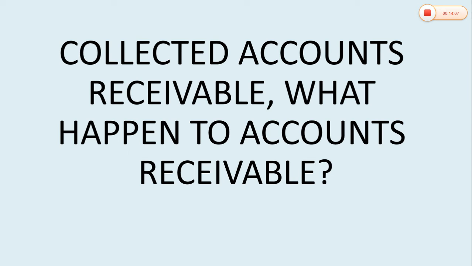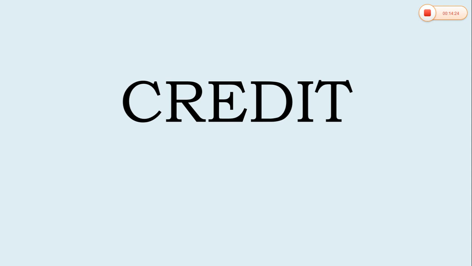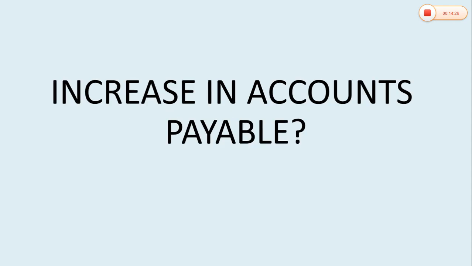Of course, your accounts receivable decreases. The normal balance of accounts receivable, an asset, is debit. But since it was collected, the customer's debt to you, the business, decreases. Therefore, credit.